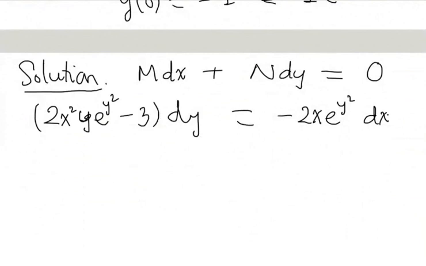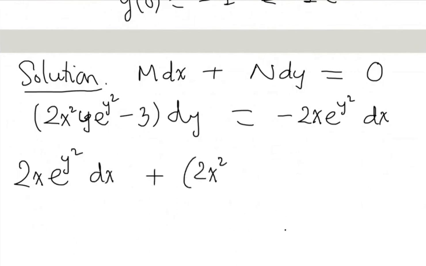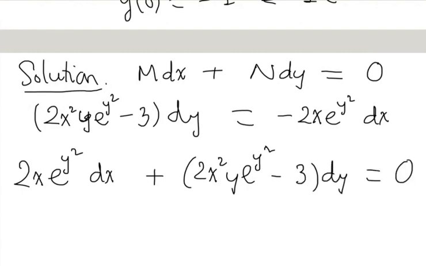And move this term to the left and change the minus sign to a plus sign. So always write the term with dx first. So we have 2x e to the y squared dx plus 2x squared y e to the y squared minus 3 dy equals 0.